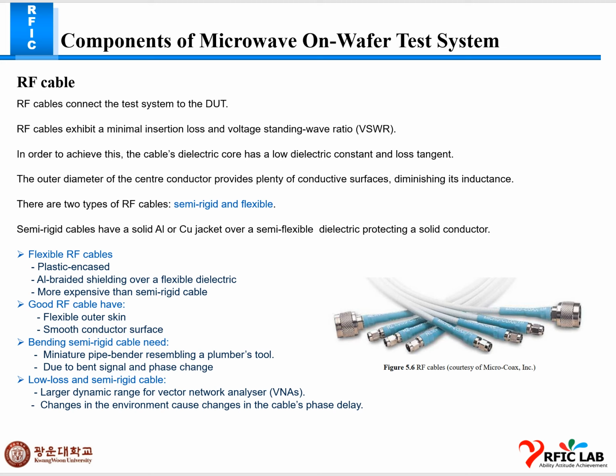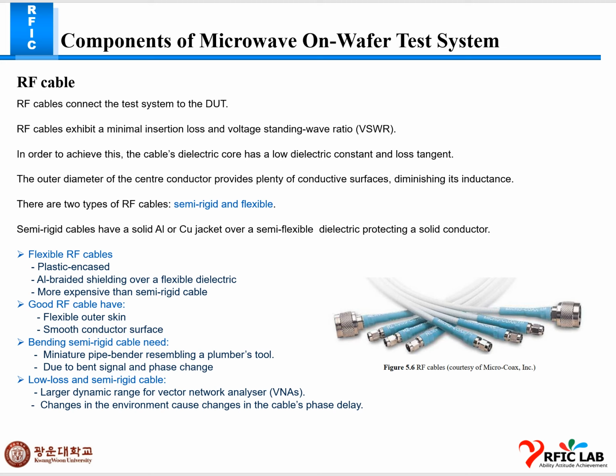The RF cable connects the test system to the DUT. It needs minimal insertion loss and voltage standing wave ratio. To achieve this, the cable dielectric core has a low dielectric constant and loss tangent.